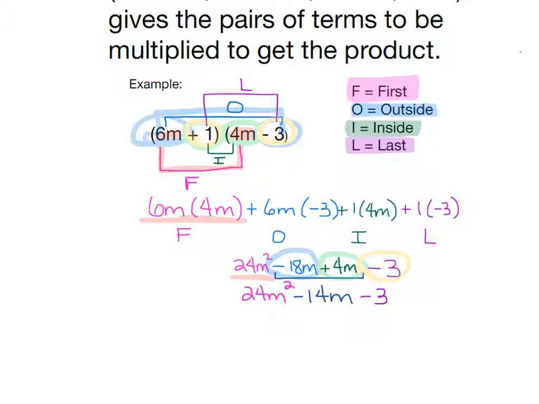Whenever you multiply two binomials together, those two middle terms generally can be combined, and it'll turn into one term. Or it even cancels out in the case of the difference of two squares. And we're going to be seeing the patterns coming up. So once I combined the blue and the green here, it turned into negative 14m.